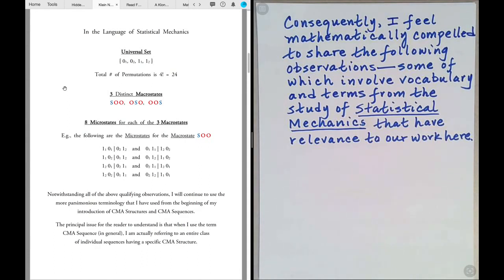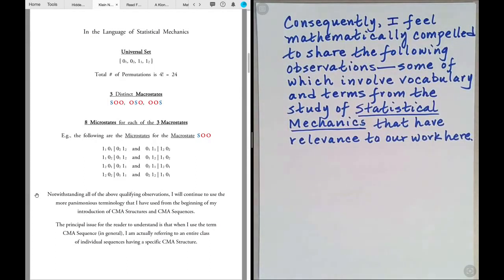For example, the following are the microstates for the macrostate SOO. These are the same 8 CMA sequences listed on the previous page. Notwithstanding all of the above qualifying observations, I will continue to use the more parsimonious terminology that I have used from the beginning of my introduction of CMA structures and CMA sequences.